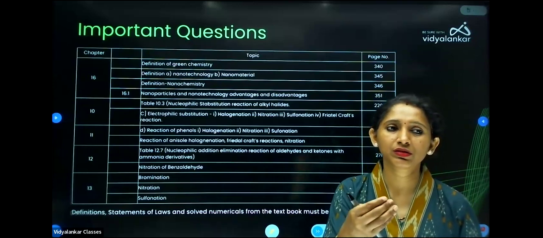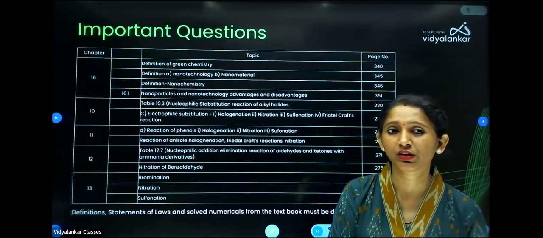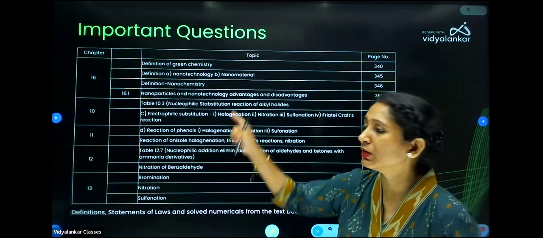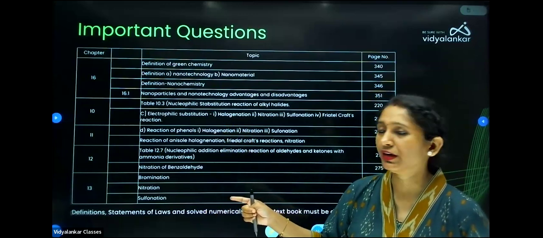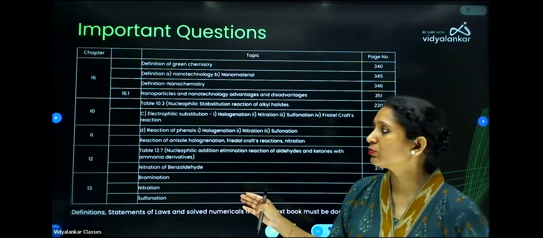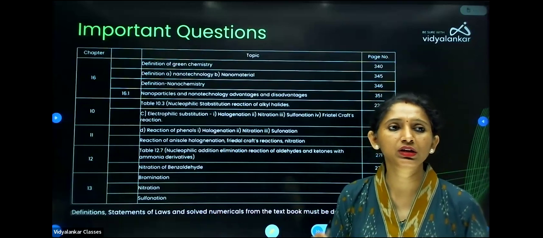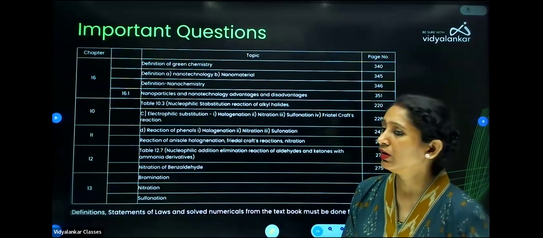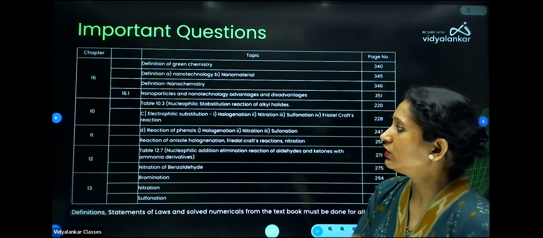But now this is not the time to cover the whole syllabus of organic chemistry. So at least do not skip what is given in the slide. At least cover these points. Definitely you will be able to give a good attempt in organic chemistry as well. So let us start with chapter 10, halogen derivatives.